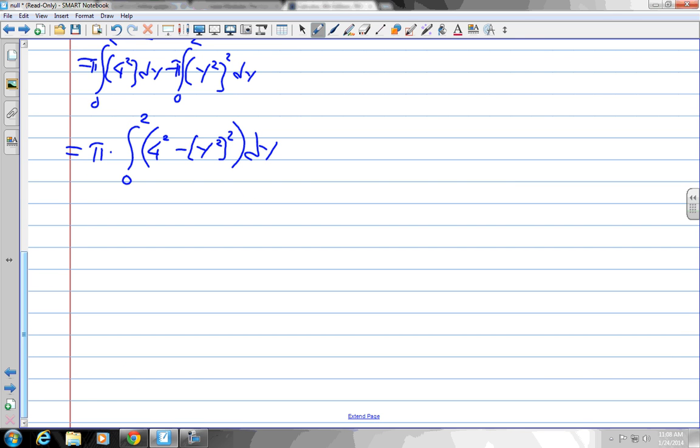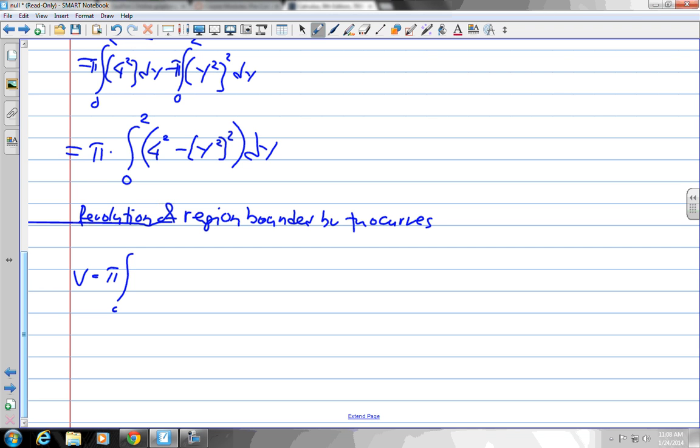So in general, if you want to do something like this, revolution by two curves, we're going to look at this setup.